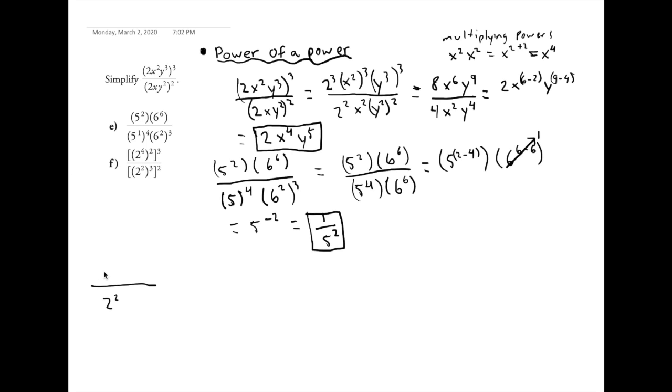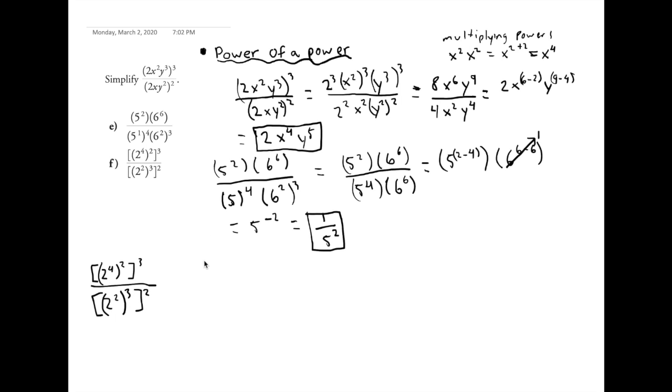So, okay, so we have 2 to the power of 4 squared, and that's going to be to the power of 3. Okay, and at the bottom we have 2 squared to the power of 3, and that's going to be squared.